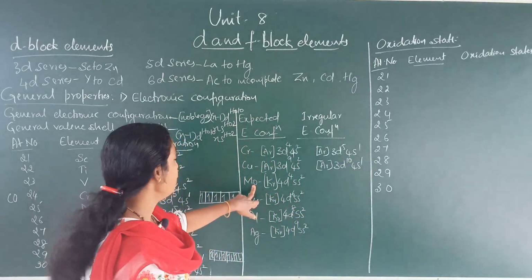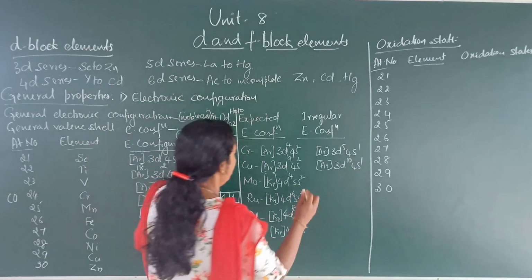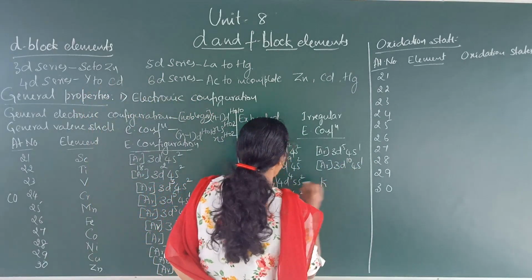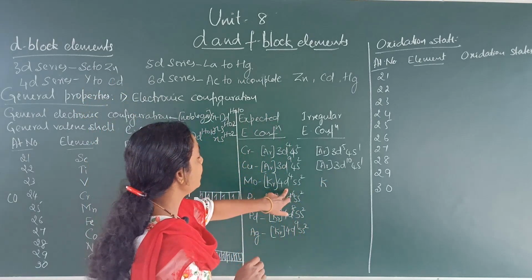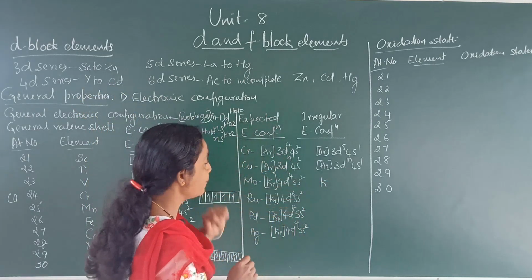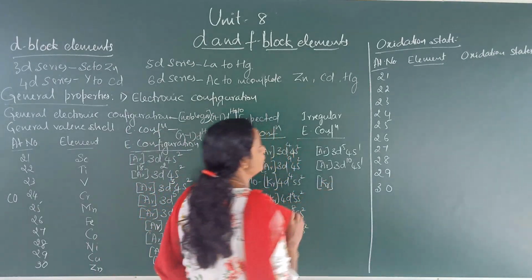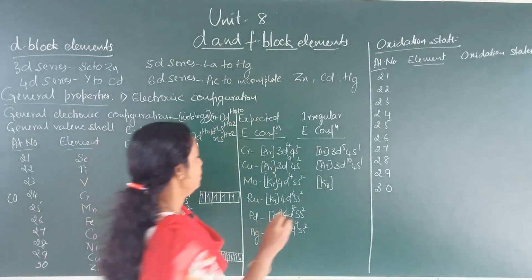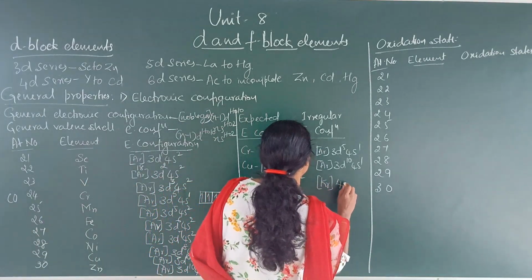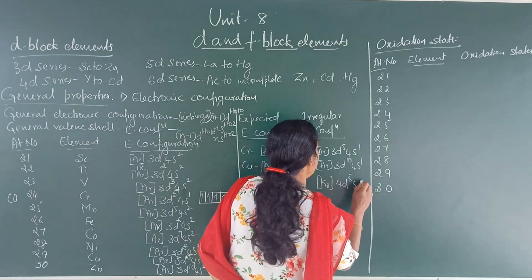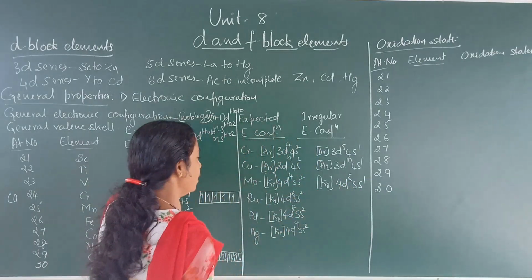Next, molybdenum. Molybdenum comes under the 4d series elements. The expected electronic configuration of molybdenum is krypton 4d4 5s2, but the actual electronic configuration of molybdenum is krypton 4d5 5s1.